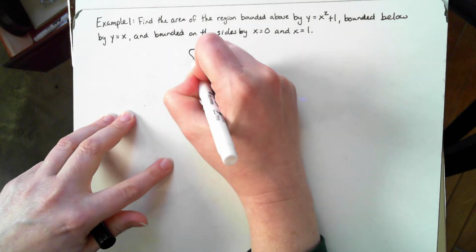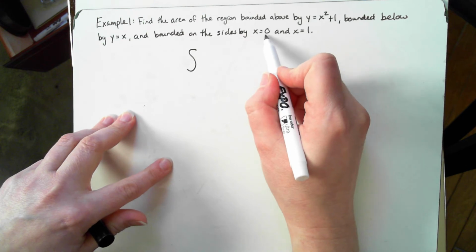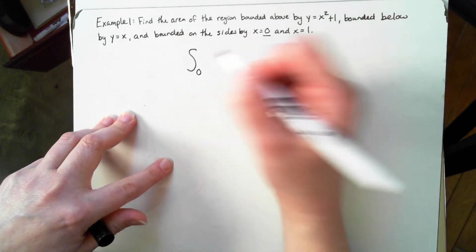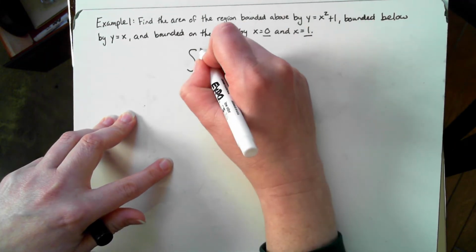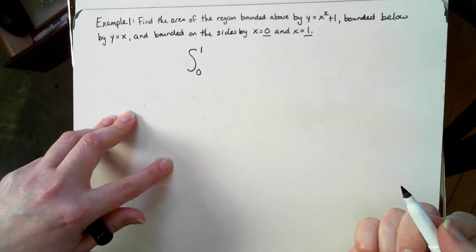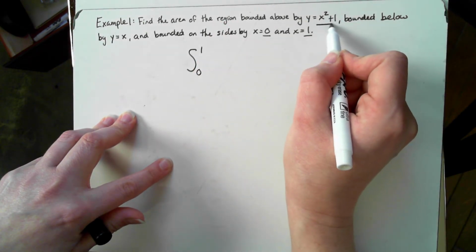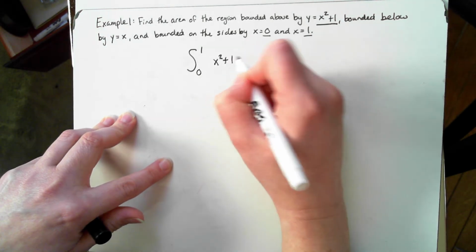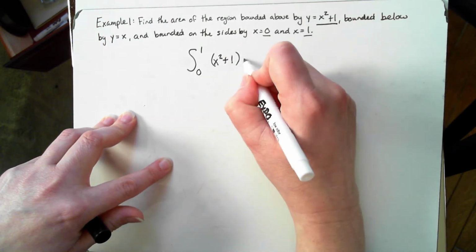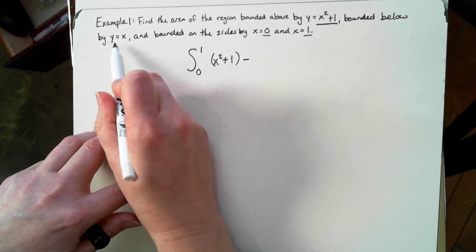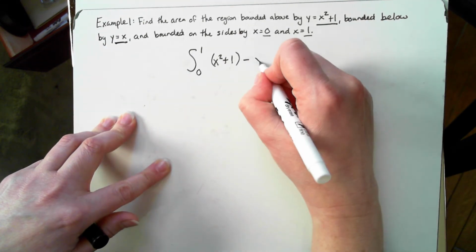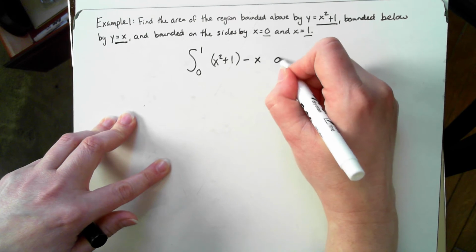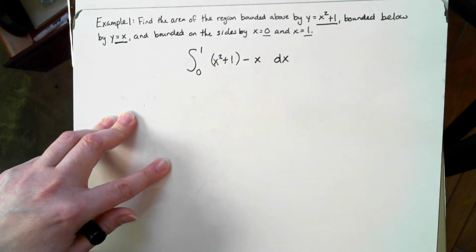My integral has to have a lower bound of 0, an upper bound of 1. Then I'm going to take the graph that is above, x squared plus 1, and put it first. Then I'm going to subtract the graph that was below, x. And then I write my dx at the end.